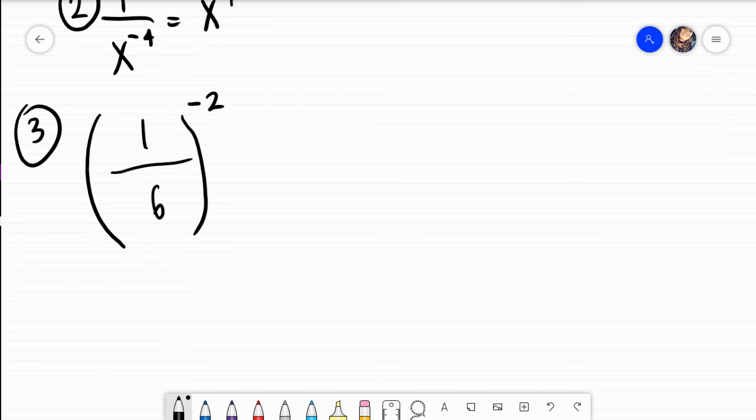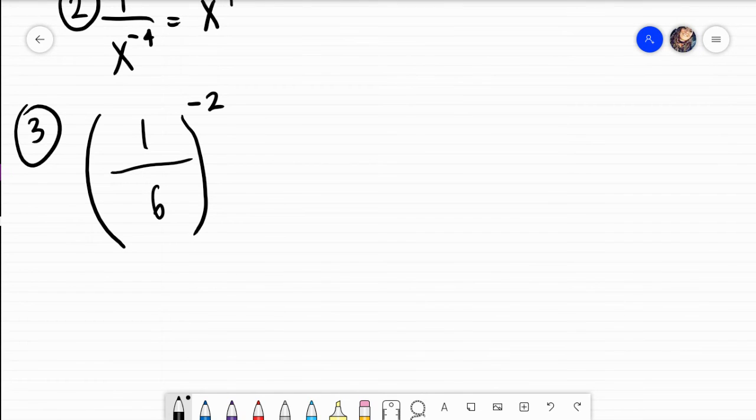That does look really similar, right, to the power rule that we did, which was if you had something in a fractional form with a term on the top, term on the bottom, however many there may be, and it's all being raised to a power. Didn't the top get the power and the bottom get the power? You could apply that here, and what you would actually have is 1 to the negative 2, and then in the denominator 6 to the negative 2. But then you would notice, hey, I have negative exponents. They actually need to change from the top to the bottom and the bottom to the top.